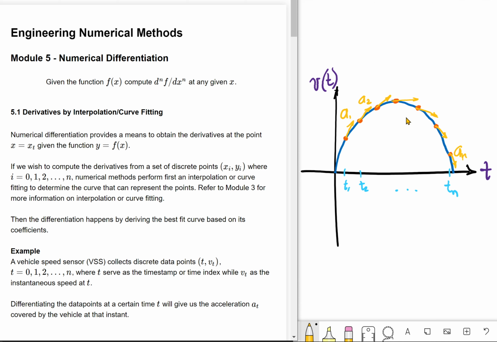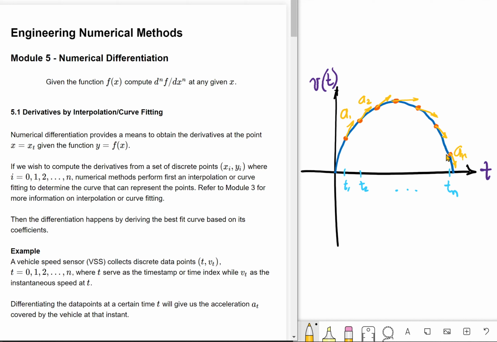So this line can be expressed by a polynomial, and we know that the polynomial can be expressed by a number of coefficients, and then we can get the derivative by looking at the coefficients of that polynomial curve. Okay, so basically there are just 2 steps: fit the data points and then get the derivative of that curve.